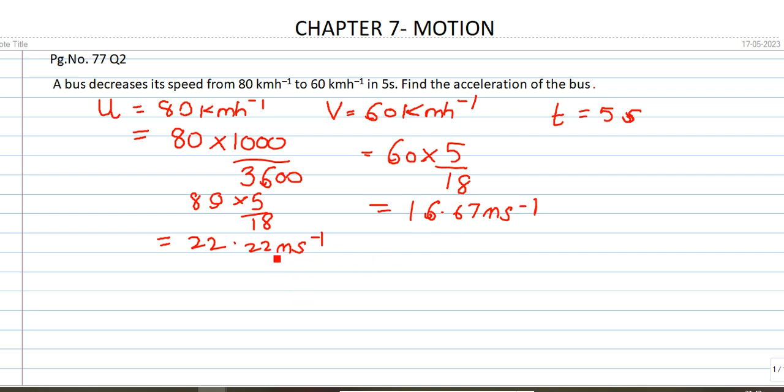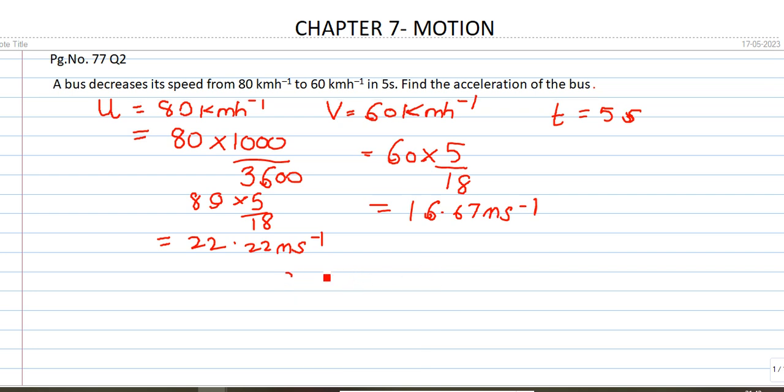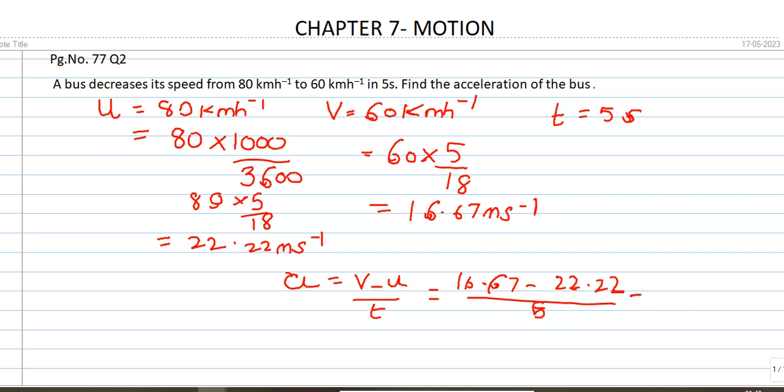Now both velocities are in meters per second and the time is in seconds. So we have to find out the acceleration, which is a equals v minus u by t. Your final velocity is 16.67 minus 22.22 divided by 5. So what do we have?